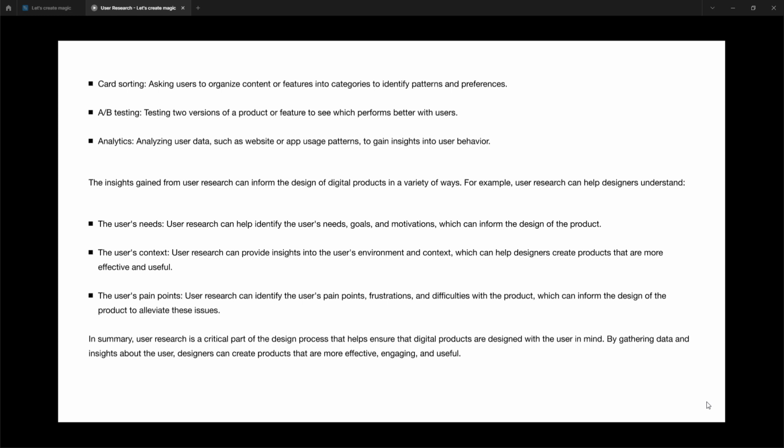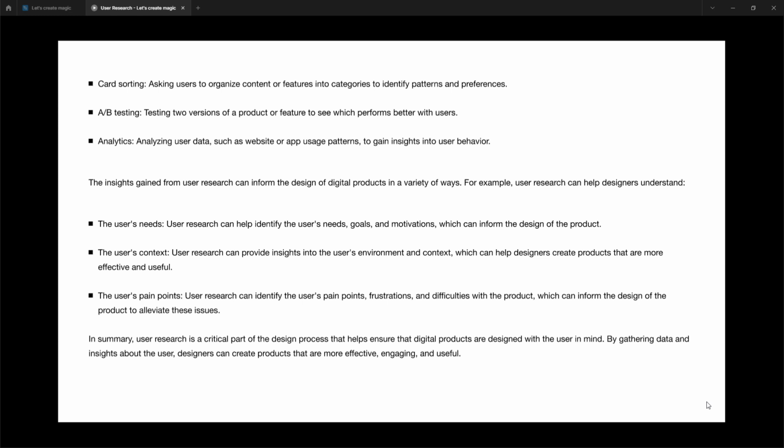The insights gained from user research can inform the design of digital products in a variety of ways. For example, user research can help designers understand, one, which is major, the user's needs. User research can help identify the user's needs, goals, and motivations, which can inform the design of the product. Two, the user's context.